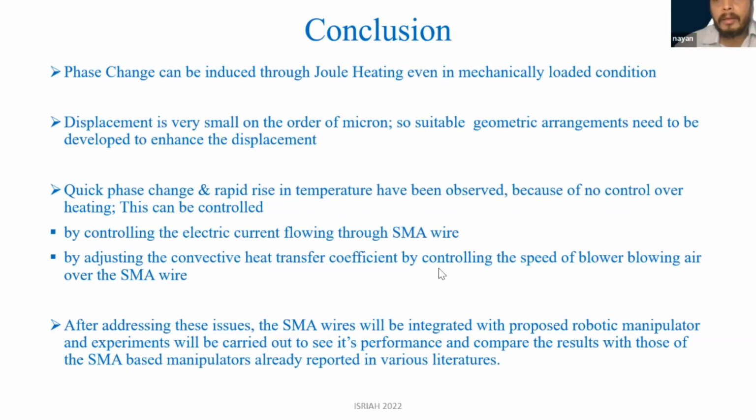If you add fans or blowers, it will add to the actuation weight. Do you think it will still be lightweight? That's why we are thinking mainly of the first option, controlling the electric current.